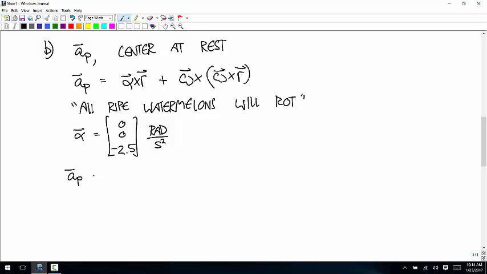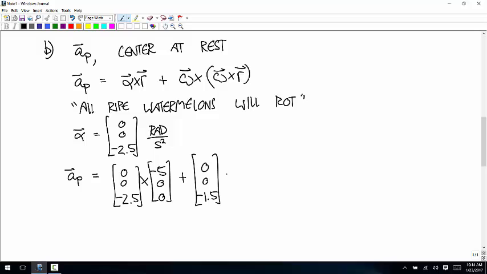And so the acceleration is 0, 0, negative 2.5, crossed with the r vector we had before, negative 5, 0, 0, plus 0, 0, negative 1.5, crossed with the quantity 0, 0, negative 1.5, cross negative 5, 0, 0.